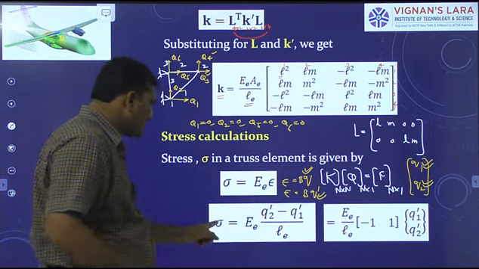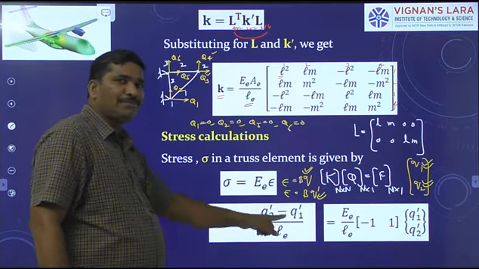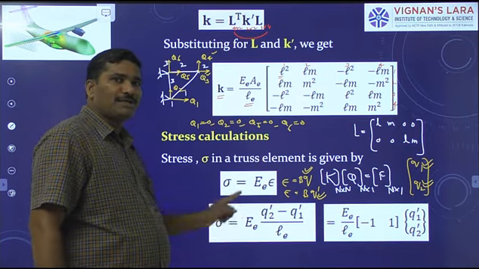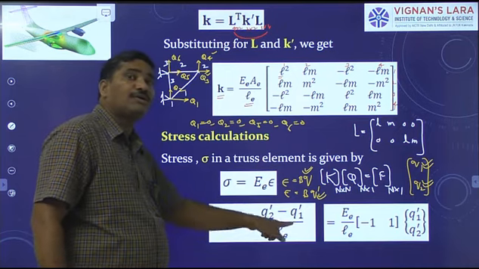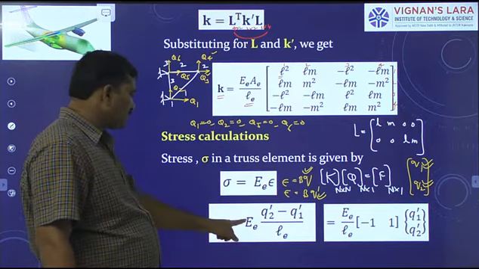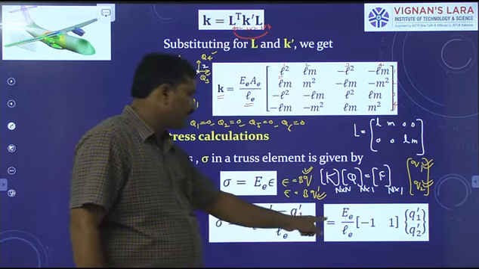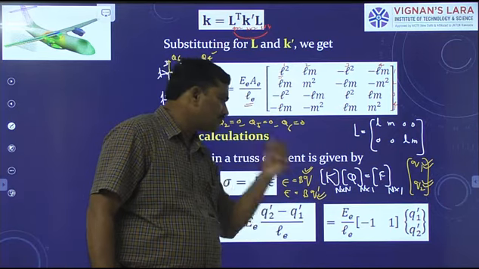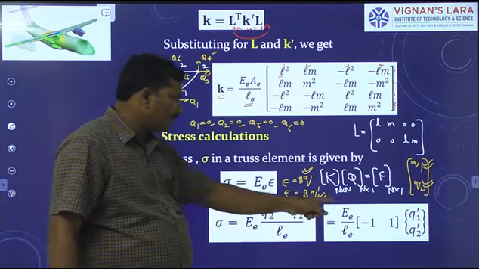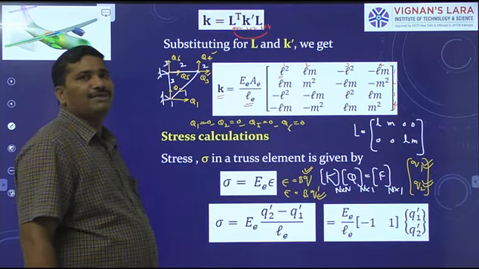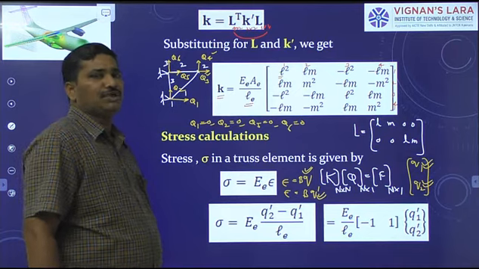Here, the expression for stress in the element is represented with respect to local reference frame. Therefore, sigma equals E into Q2 dash minus Q1 dash by LE, which equals E by LE into a row matrix with the elements minus 1 and 1 into a column matrix having the elements Q1 dash and Q2 dash.